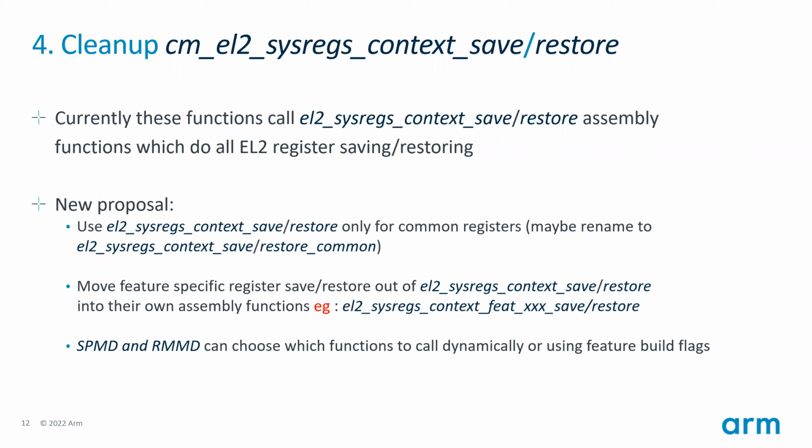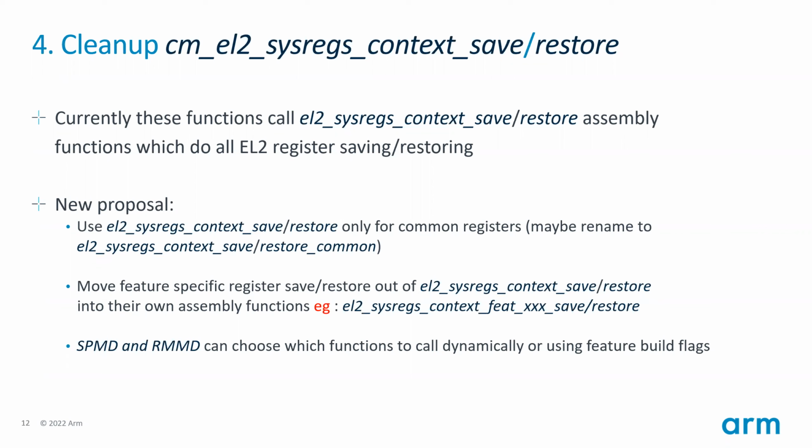The only case where you could avoid saving a feature is when there is a corresponding trap. Right, and the statement is you could avoid it, but even if there is a trap, you could still need to save and restore if it influences execution. Yes, okay.